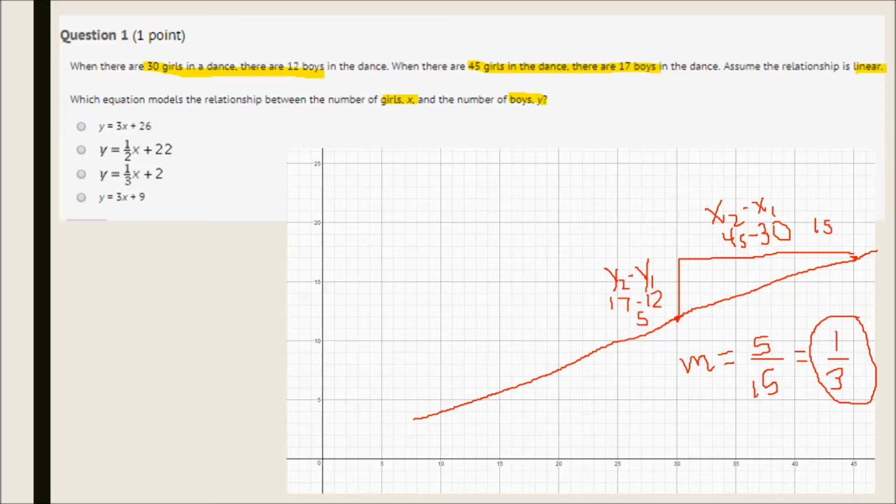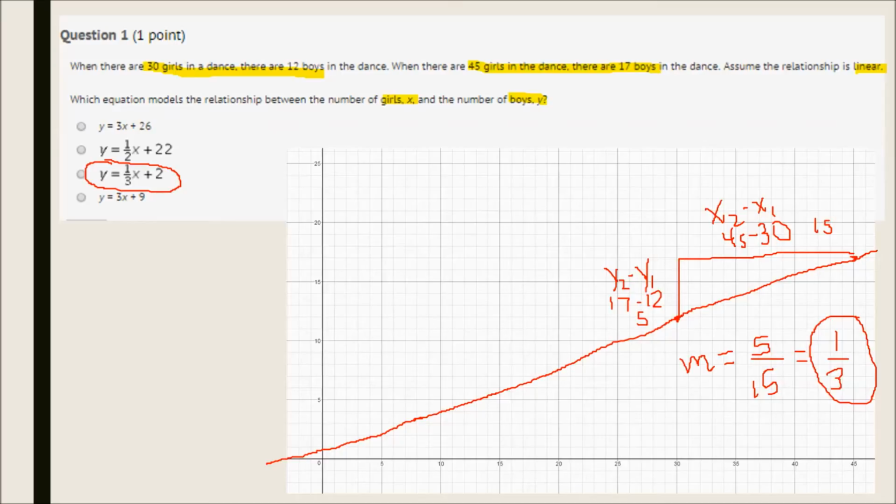Looking at our answers, there's only one that actually has a slope of 1/3, and that would be the option C. Now you can also see that if I did extend this line all the way to the y-axis, and knowing that I'm freehanding this, so I might be off a little bit, you can see just by estimating that I'm definitely not hitting at 26.